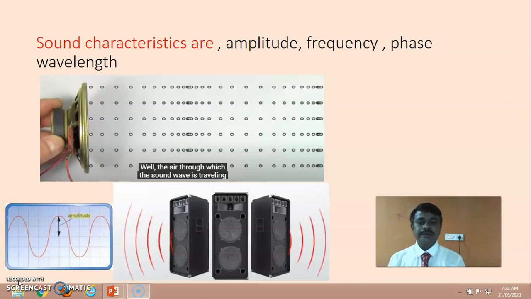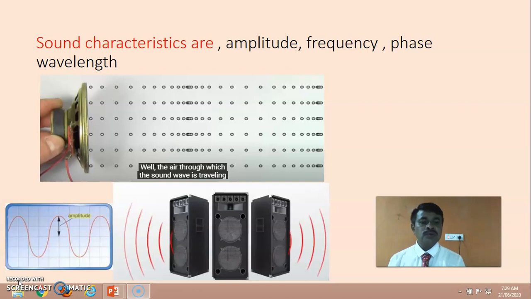So student, a short review of the first point. We covered the sound generation sources. Second, the sound definition. In the definition, what are the important points? Why it is called a longitudinal wave. What are the different types of sound medium.